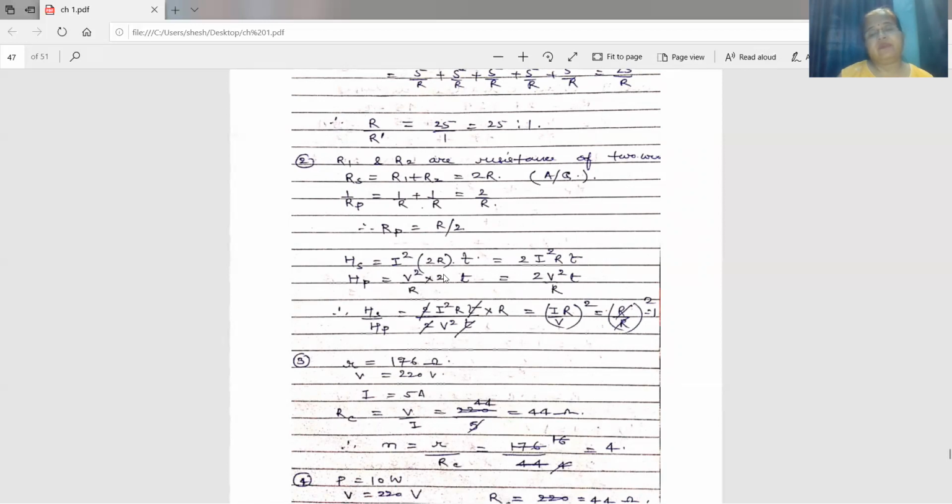So 2 will go up, into T. This is equal to 2V square by RT. So Hs by Hp equals 2I square RT by 2V square by RT. R will go up into T, T will get cancelled, 2 will get cancelled. You are getting I R by V. IR is actually V. So V square, you are getting 1.